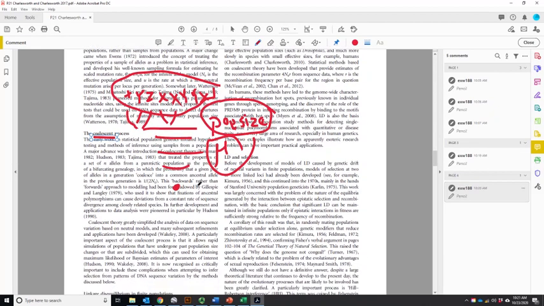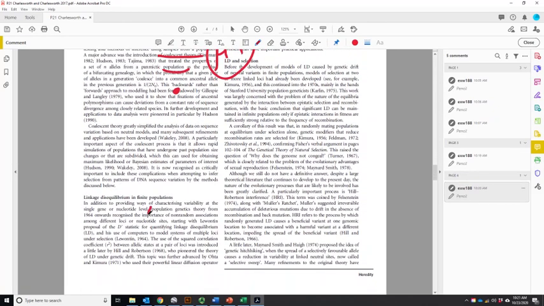Okay. The next major point that they point out is this idea of linkage disequilibrium, which is abbreviated LD. Now, linkage disequilibrium is the non-random association of two different alleles, that they're not completely randomly associated, which classical Mendelian genetics would assume, that they're going to be completely mixed up at each generation.